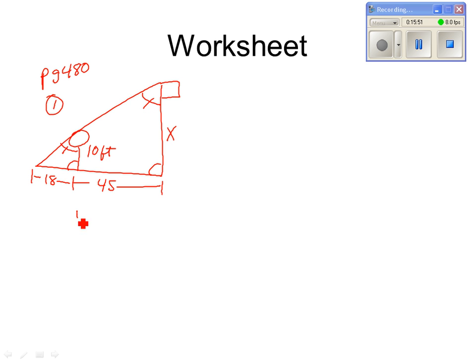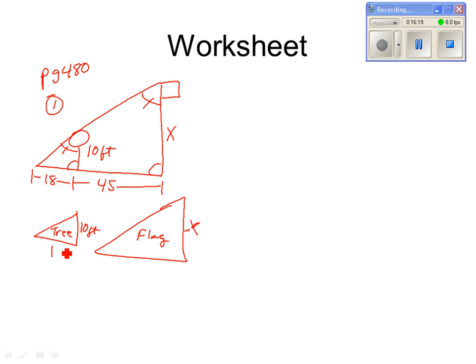And if we split off those two, we have the tree's triangle. This is for the tree. And we have the flagpole's triangle, which is the bigger one. Well, we know the tree's height is 10 feet. We don't know the flagpole's height, so that's our X. That's what we're looking for.